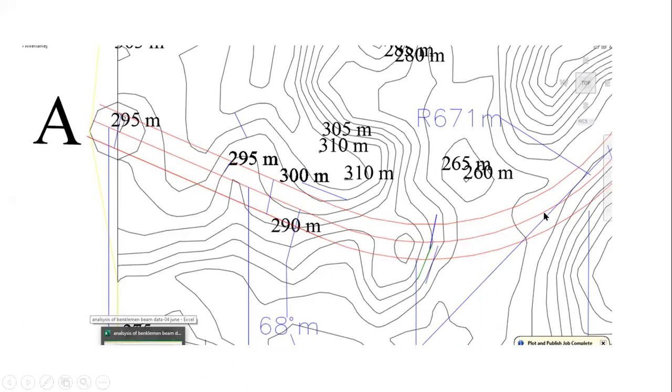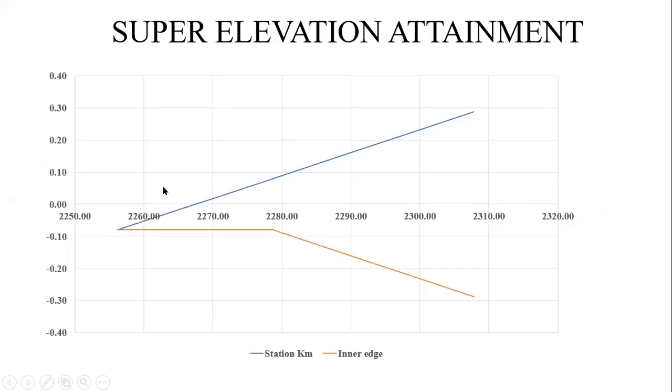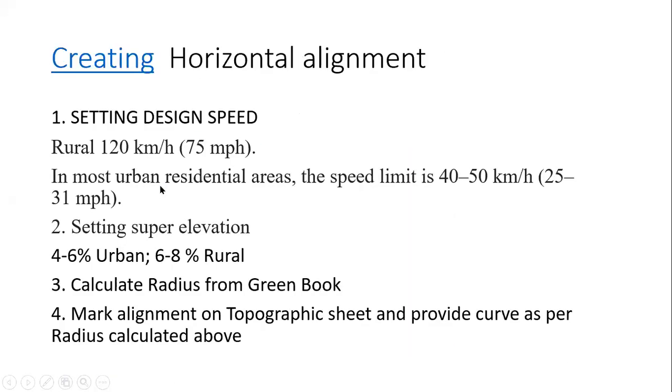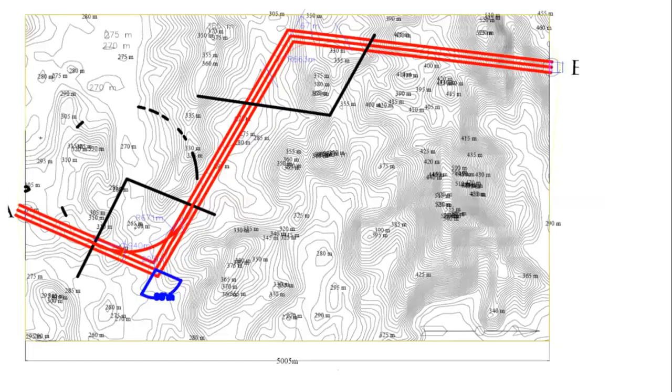Whenever there is a change in direction, we introduce a curve, and this is the offset. You can say it may be your right of way, 100 meters, so it's 50 meters on each side. Let's go back to that diagram once again, in which I have shown the horizontal alignment. Whenever there is a change in direction, I draw this curve.